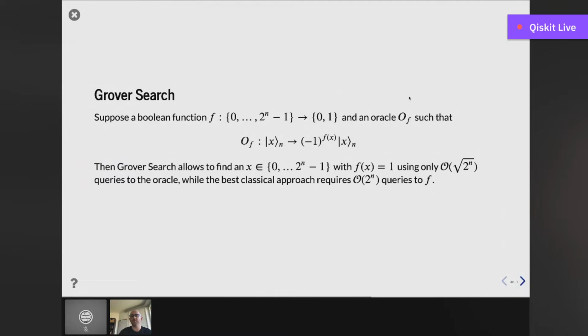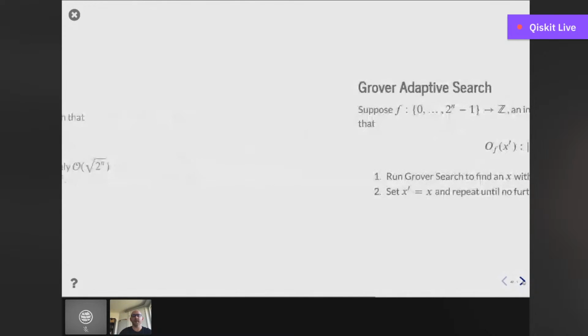And also suppose an oracle O_f such that it maps a state |x> to +|x> if f is 0 and -|x> if f is 1. Then Grover search allows you to find an x such that f(x) is 1 using only order of square root of 2^n queries to the oracle, while the best classical approach requires order of 2^n queries to the function f. So this is a very simplified Grover search, and I don't want to go into more detail here on that.